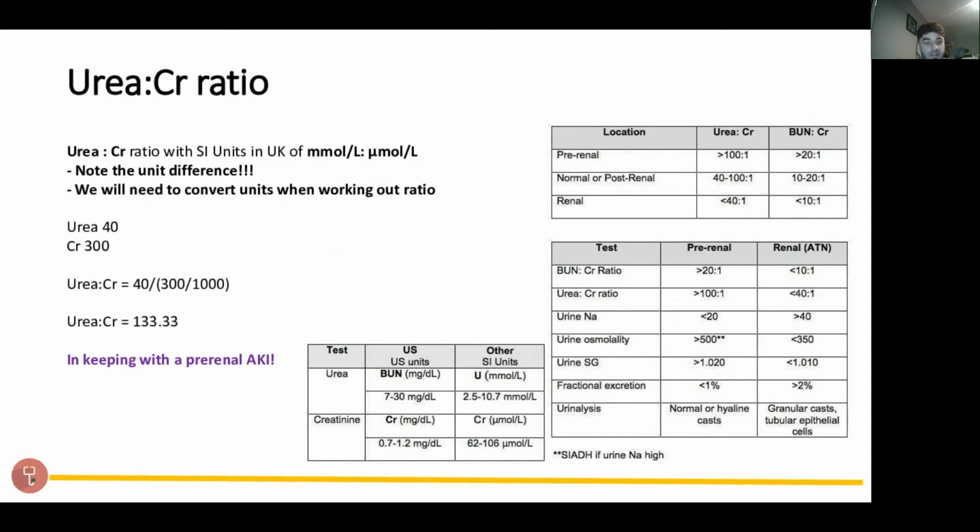Likewise, you're going to get a high osmolality in the urine because you reabsorbed as much as possible. However, in acute tubular injury, the cells that are reabsorbing are damaged. So you're going to get quite a high urine sodium and a low urine osmolality because you're not able to reabsorb much fluid. Okay? And that's a helpful distinction between the two alongside the urea creatinine ratio.